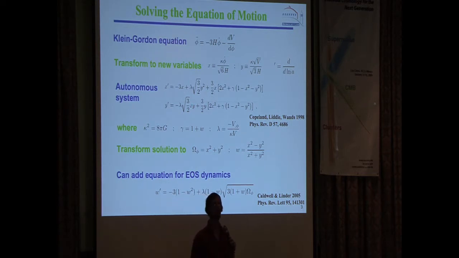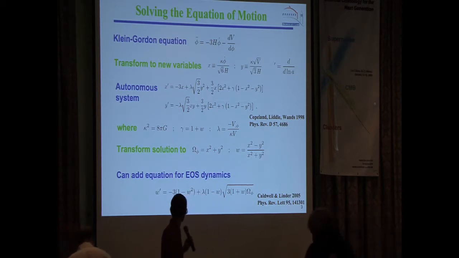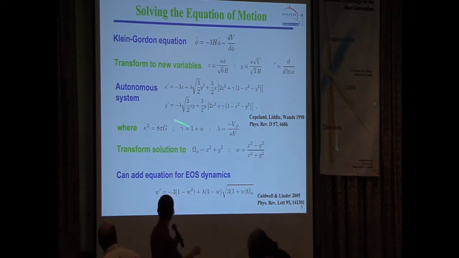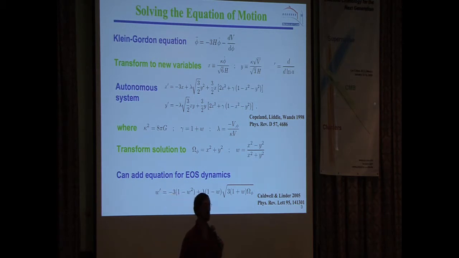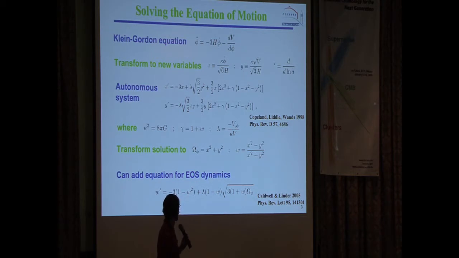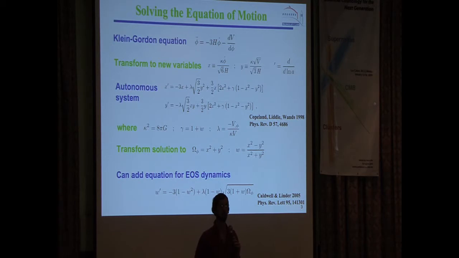But again, because the time doesn't appear, this is a very simple system of equations to solve. And then I've defined some of the other parameters here, in particular the potential slope enters through this lambda parameter here. So this was written down with great clarity by Copeland, Liddle, and Wands back in 1998, and I recommend you look at that paper if you want to go through it in detail.